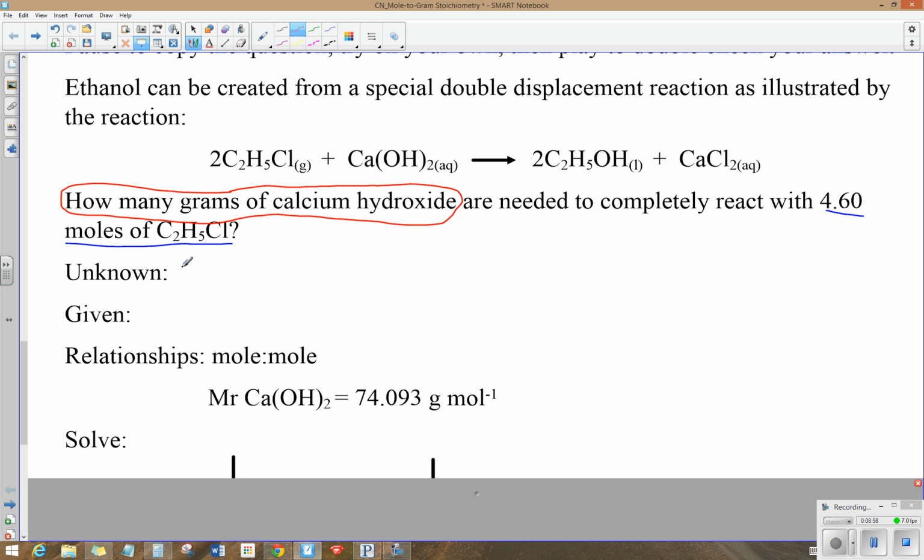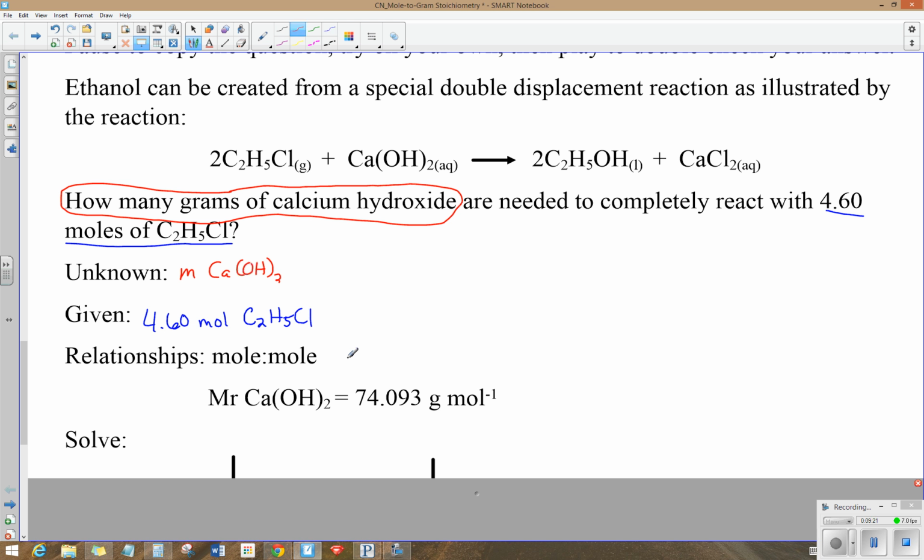So jotting this information down, we want mass of calcium hydroxide, and we are given 4.60 moles of C2H5Cl. We're looking for the relationship between our unknown and our known.